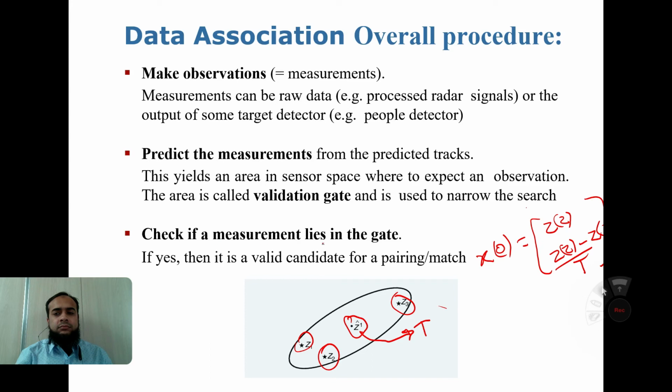Check if the measurement lies in the gate or not, and check if this predicted measurement Z1 lies in the gate or not. Yes, here it lies in the validation gate. If yes, then it is a valid candidate for pairing and match. So this is a valid candidate for pairing and match. This is called the best match.